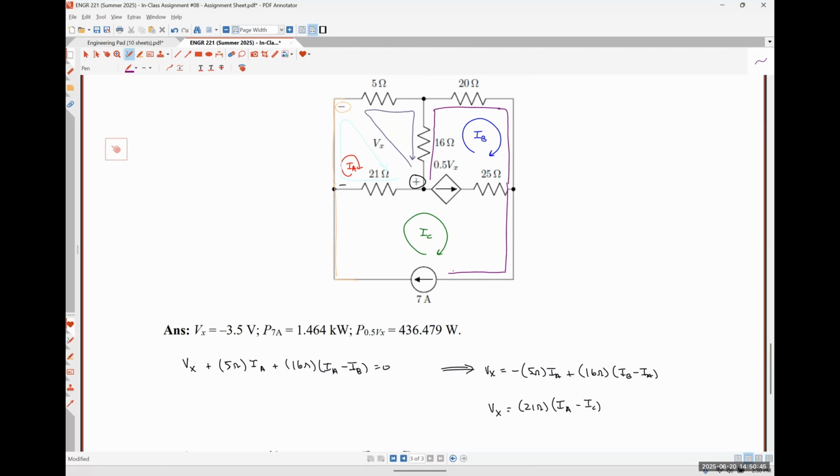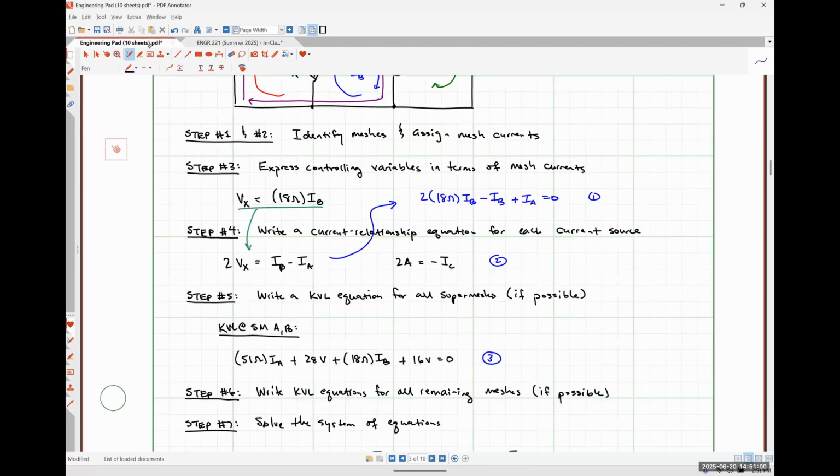So it turns out that whenever we have a super mesh that contains a current source on the perimeter, we can't write a KVL equation for that guy either, for the exact same reasons as before. So that's why I put that, if possible, right here as well, because there will be rare cases where it is literally impossible for us to write a KVL equation around our super meshes.